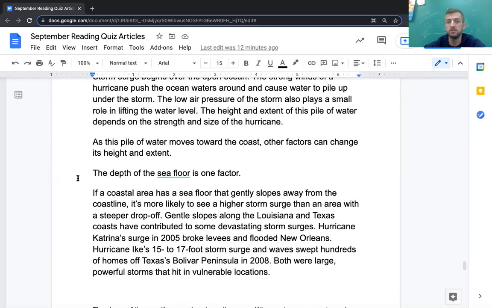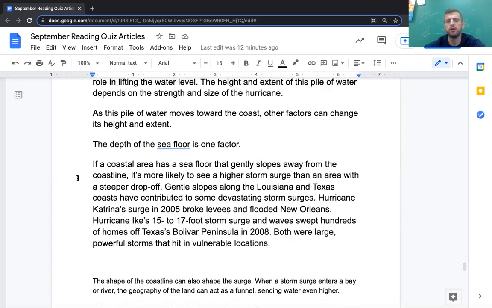The depth of the seafloor is one factor. If a coastal area has a seafloor that gently slopes away from the coastline, it's more likely to see a higher storm surge than an area with a steeper drop off. Gentle slopes along the Louisiana and Texas coasts have contributed to some devastating storm surges.